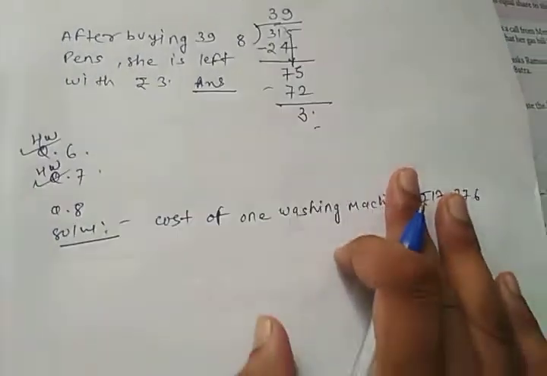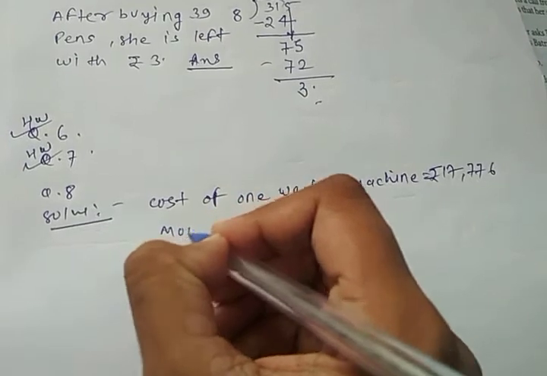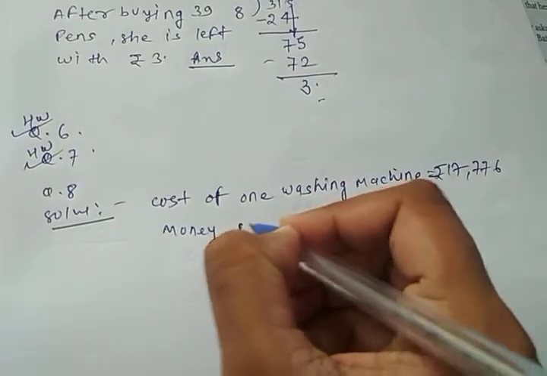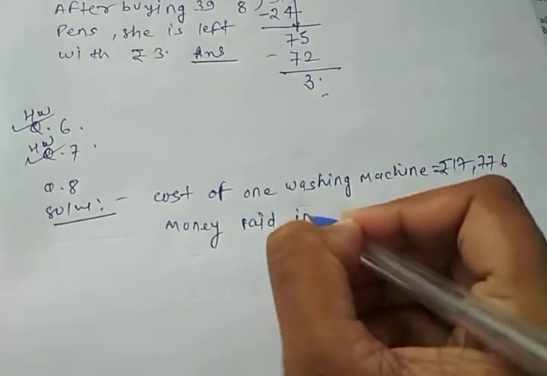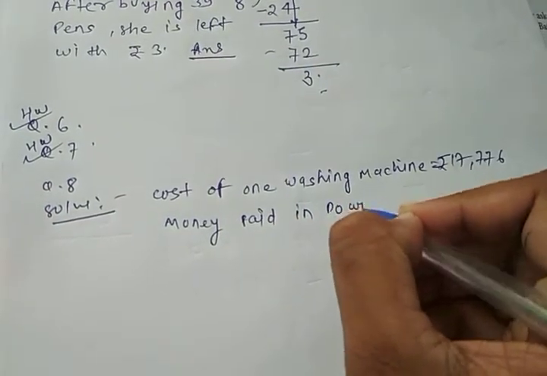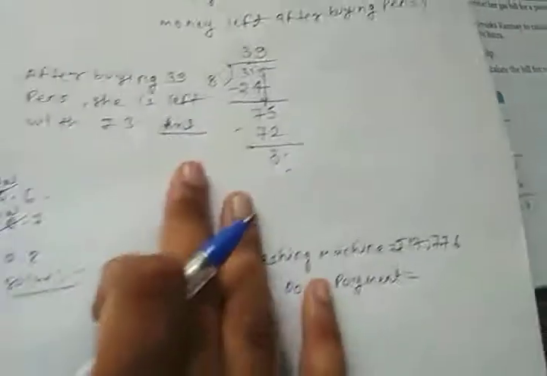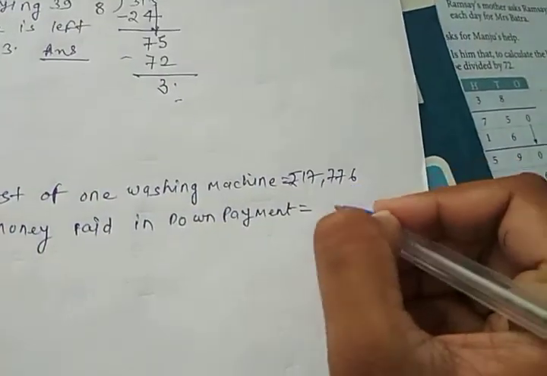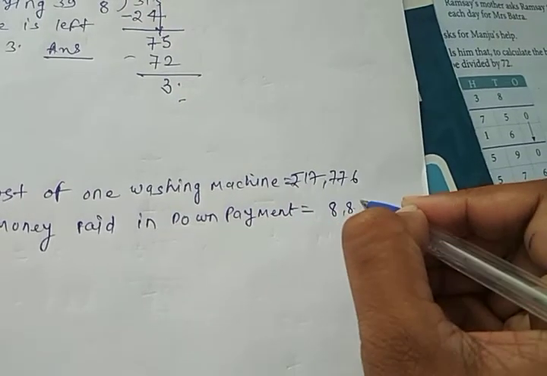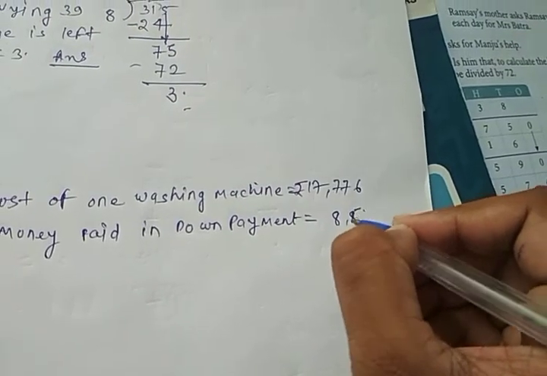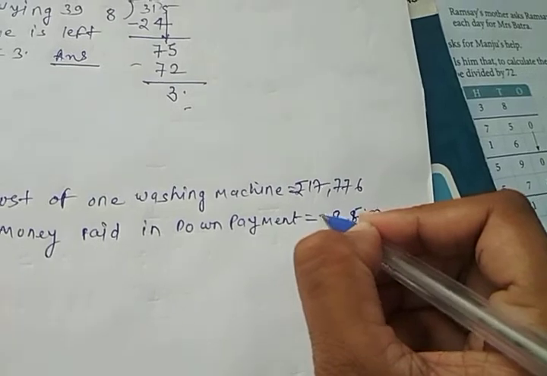And the money paid in down payment, what is the money paid in down payment? It is rupees 8,500. She has paid 8,500 rupees as down payment.